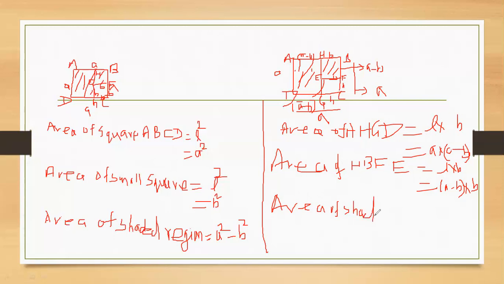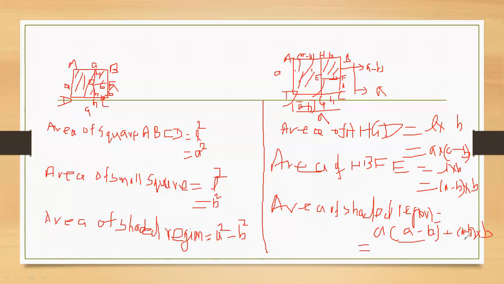If you write the area of the shaded region, then what will it be? We have to add these two areas, the first area and the second area. The first area is A into A minus B, and the second area is plus A minus B into B. And what is the same in both, children?